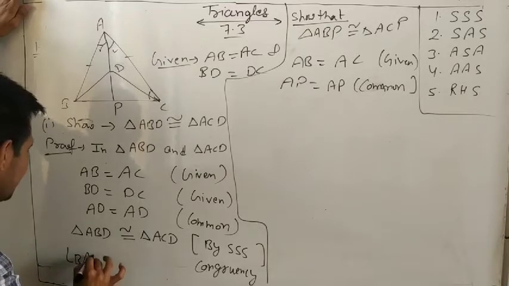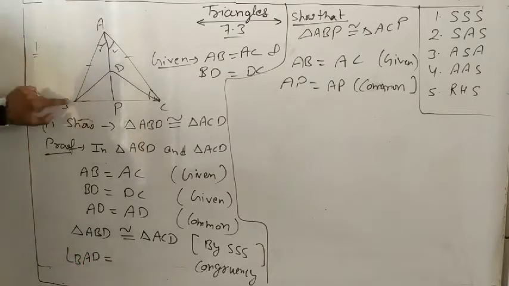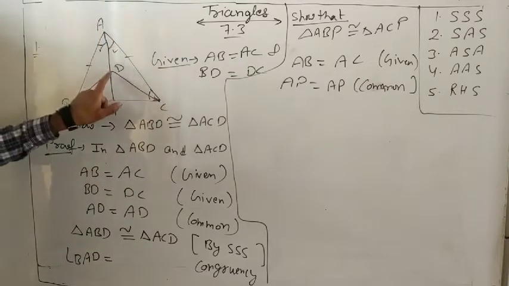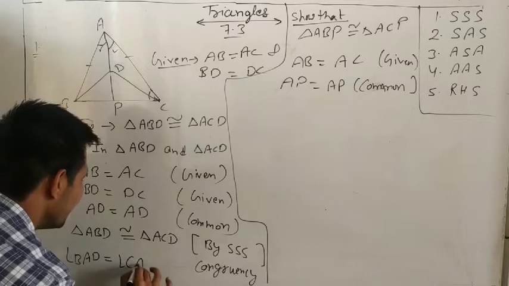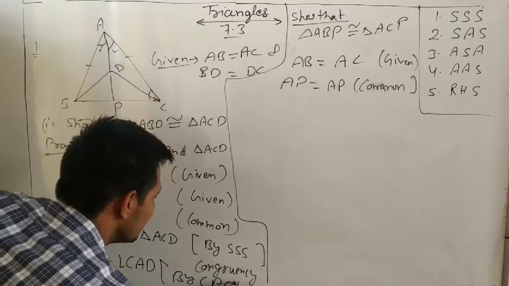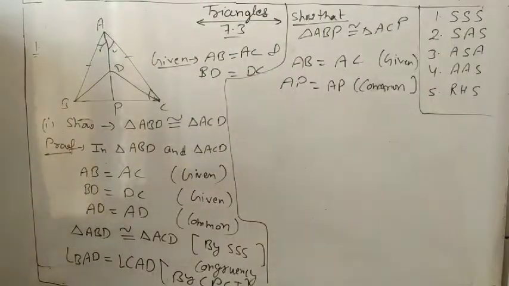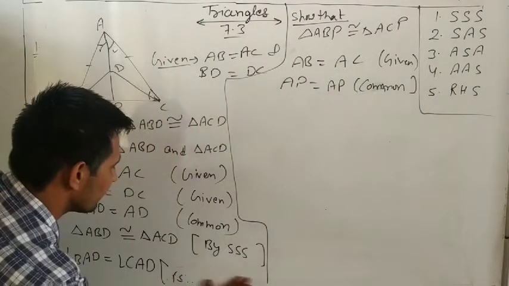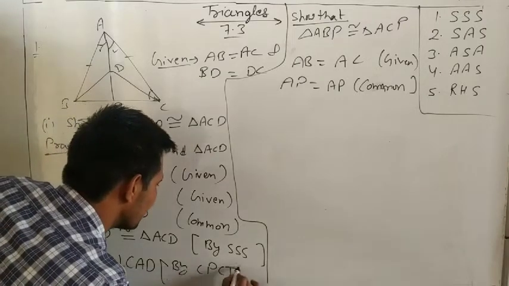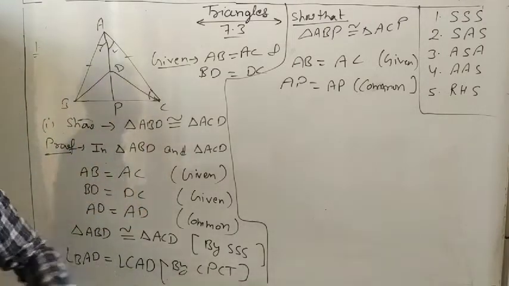So you can write angle BAD equal to angle CAD. Why? By CPCT. Do you understand? By CPCT, corresponding parts of congruent triangles.